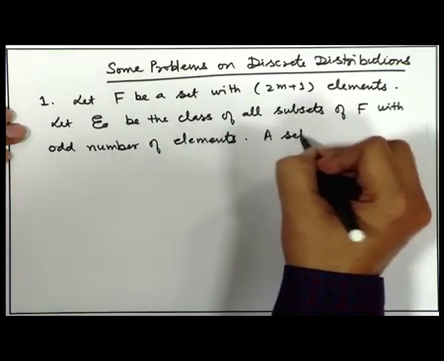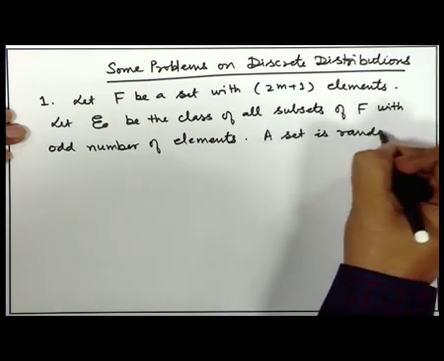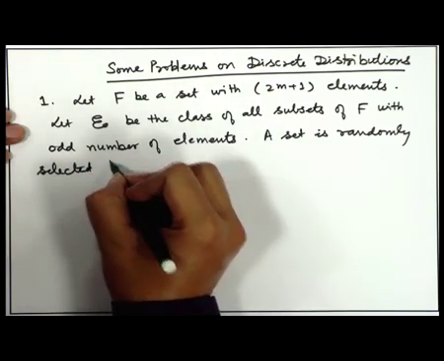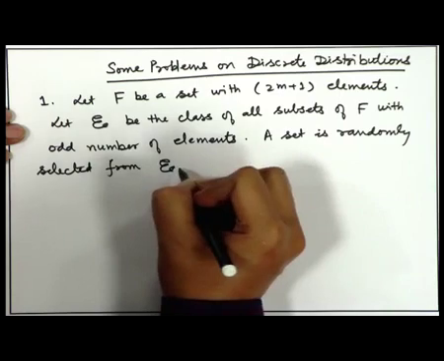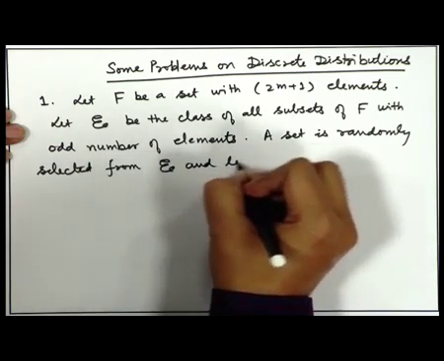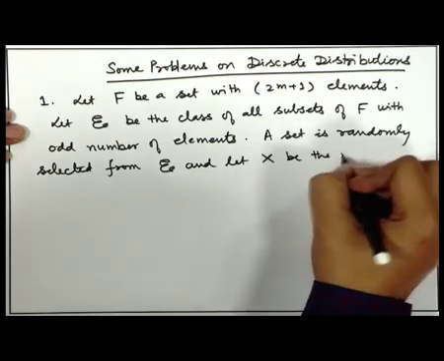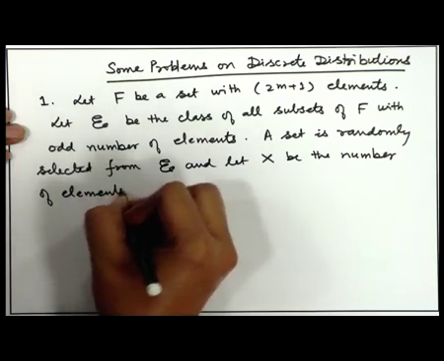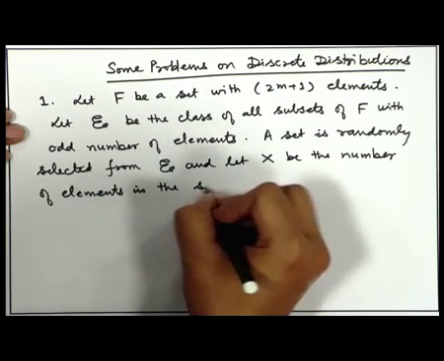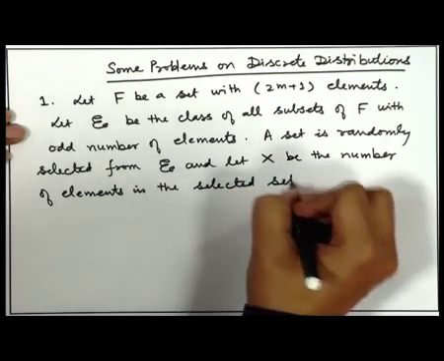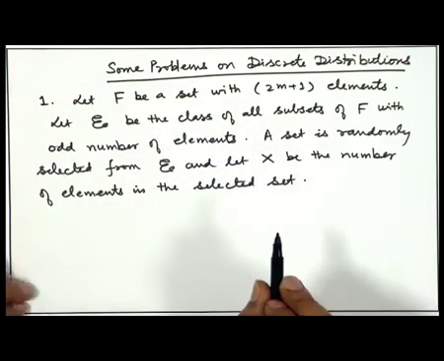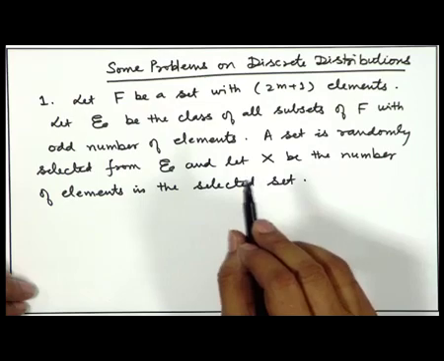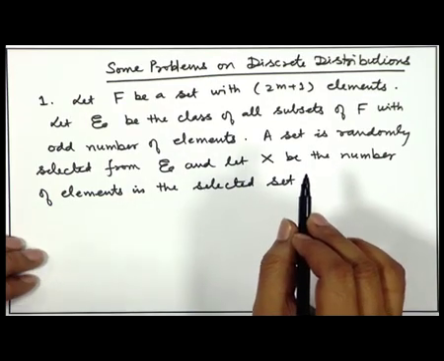A set is randomly selected from E, and let X be the number of elements in the selected set. So, you can understand that the selected set can have 1, 3, 5 up to 2m plus 1 elements.